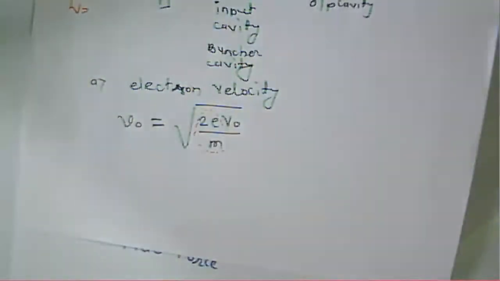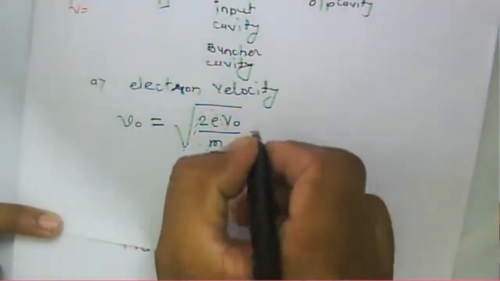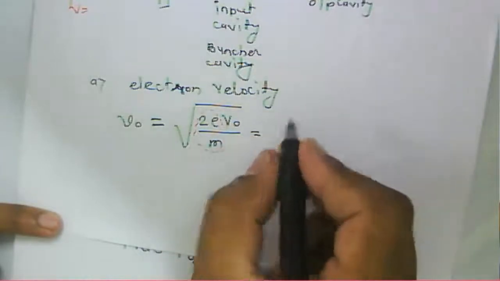This factor, 2e by m, is a constant factor.